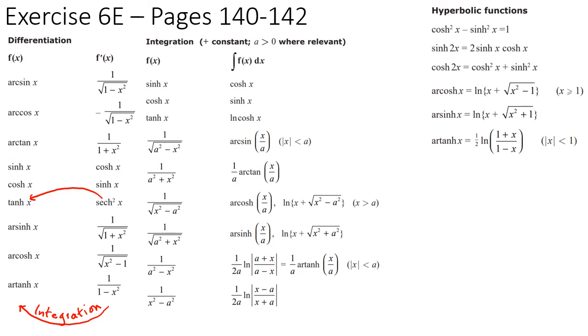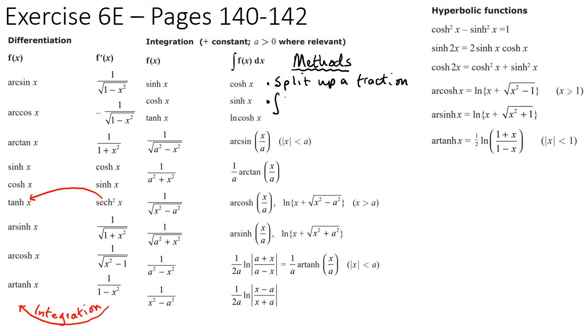So let's have a look and remind ourselves of the different methods. So first of all, is it possible to split a fraction up? Can you split it up, almost like partial fractions? If that's possible, then do it. Can we do it by looking for a pattern?